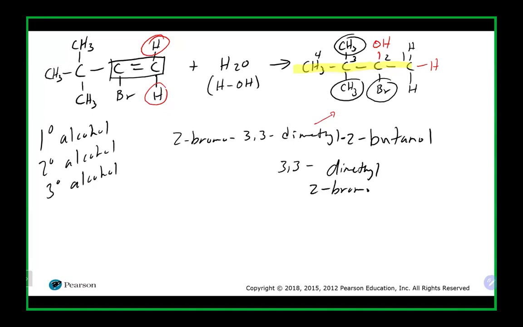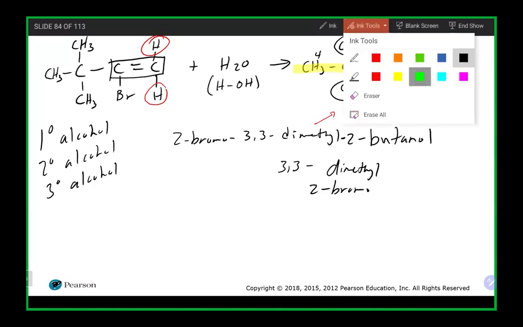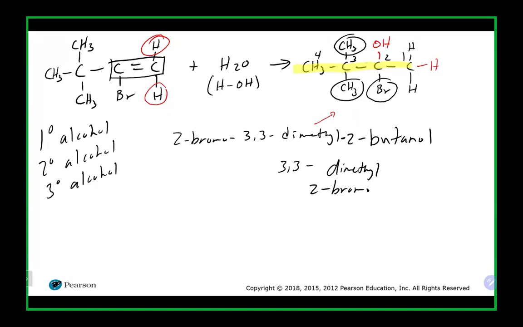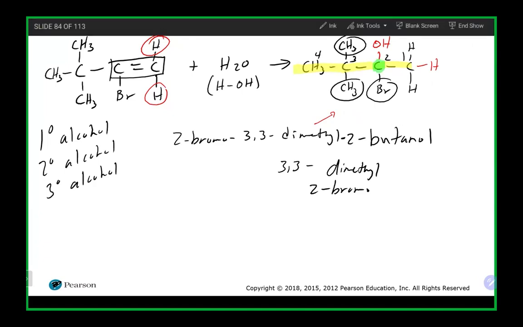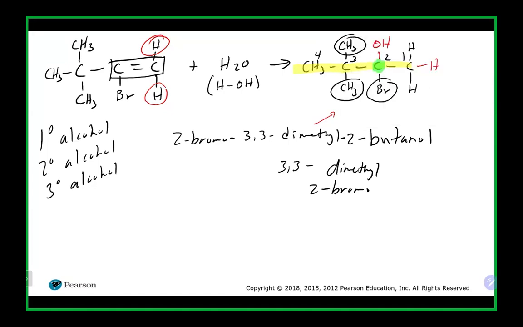What we want to look at is the carbon that has the OH group attached to it. So that would be this carbon in this case. And we want to look at how many carbons are directly attached to that guy. That would then make this what type of alcohol? This would be a secondary alcohol.